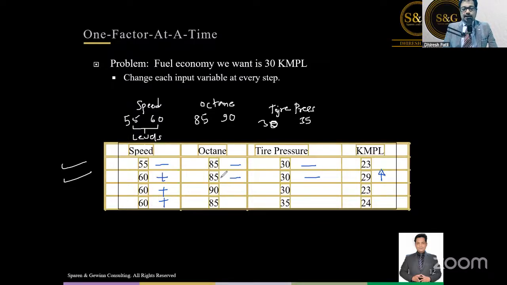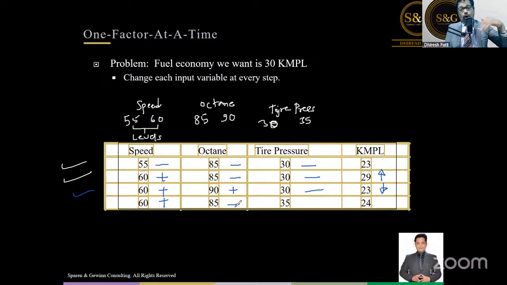All right, now they will alter this second factor, and they will keep this as it is, but this has not resulted good, right? It has reduced the KMPL, so they are going back.